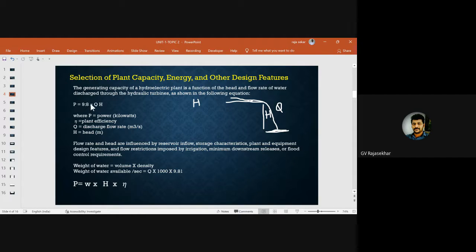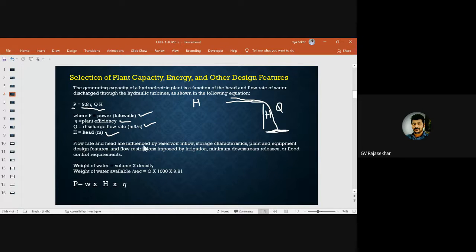Then the power that can be generated is P equal to 9.8 into efficiency into q into h, where efficiency is the plant efficiency, P is the power in kilowatts, and q is the discharge flow rate of water, and h is the head. If you know these three, efficiency, q, and h, you can calculate how much power you can generate from the station using the formula P equals 9.8 times efficiency times q times h.